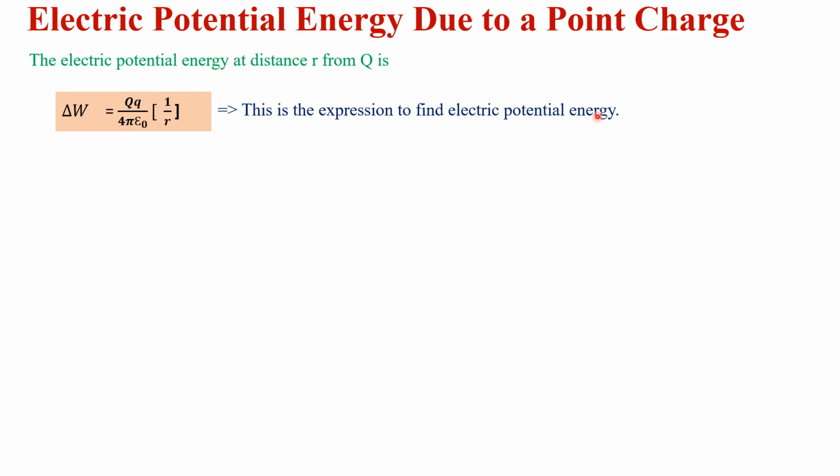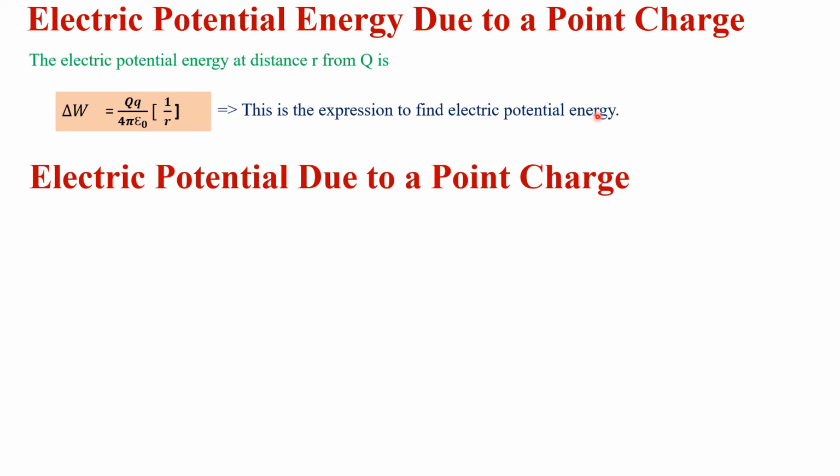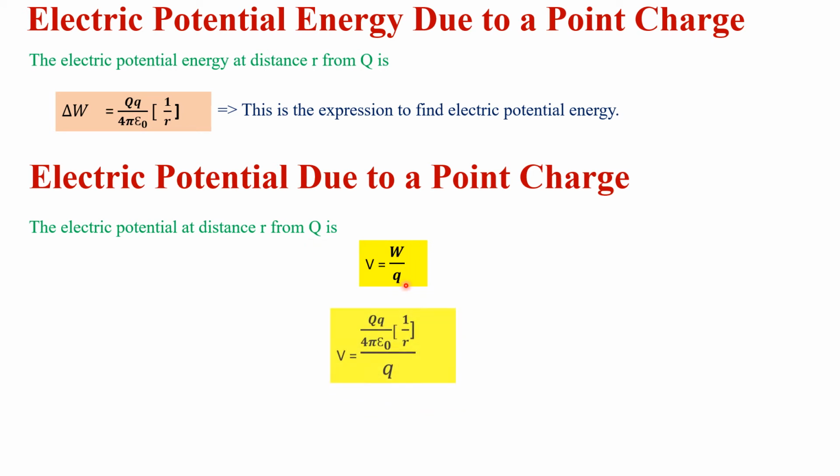And for calculating the electric potential due to a point charge, we know that the electric potential at distance r from Q is V equals work done per unit charge.